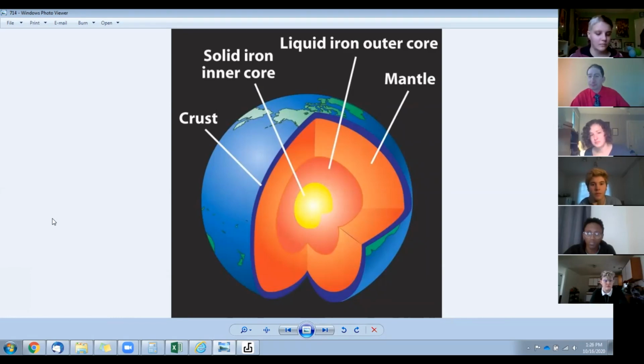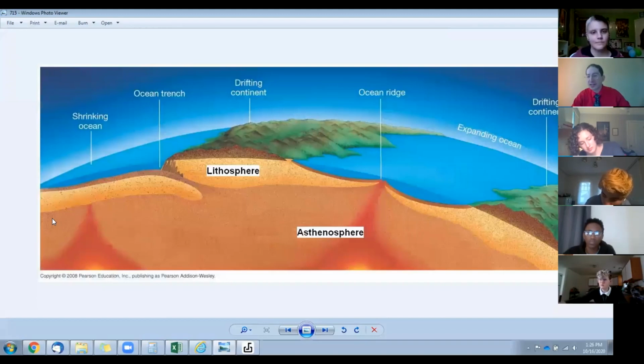It's solid, and it's solid by pressure. Just like the inner part of the core was solid by pressure, with all that weight above it, it squeezes it and holds it into a solid form, even though the temperatures are enough to break many of the molecular bonds.